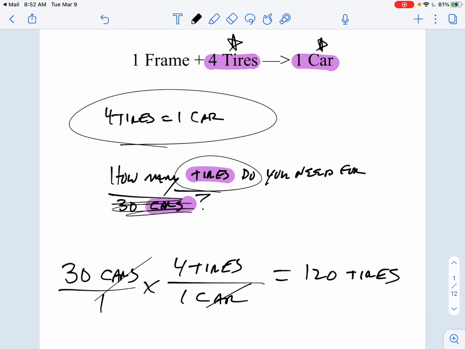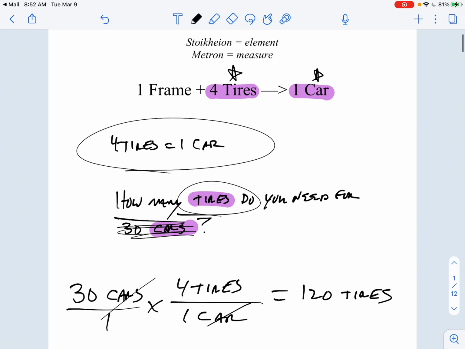So you can see all you're doing now is taking any two things in a balanced equation and setting them equal to each other. Now, this is important because you are going to use this tool in concert with all of the other tools that you have.